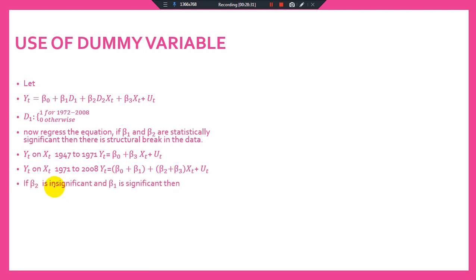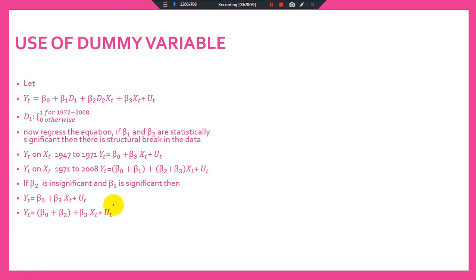If beta 2 is insignificant and beta 1 is significant, then our regression equation becomes Yt equals beta naught plus beta 3 Xt plus Ut.